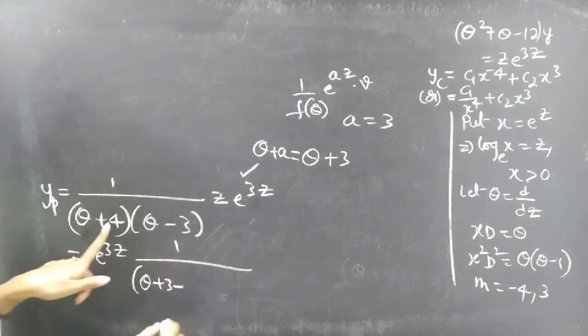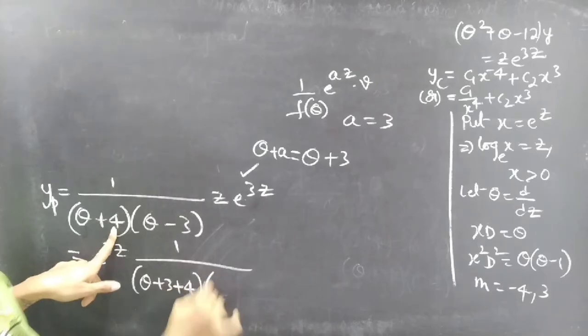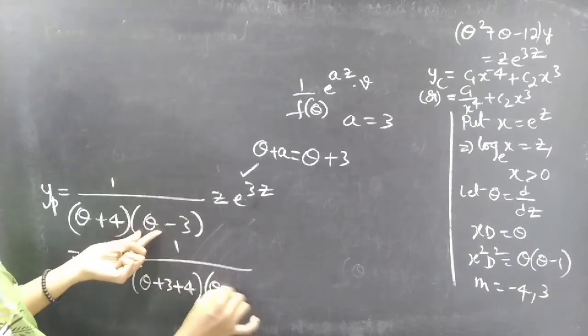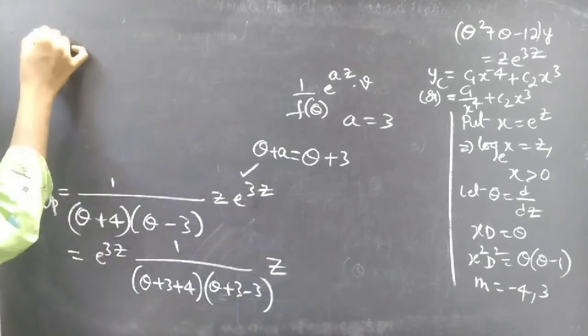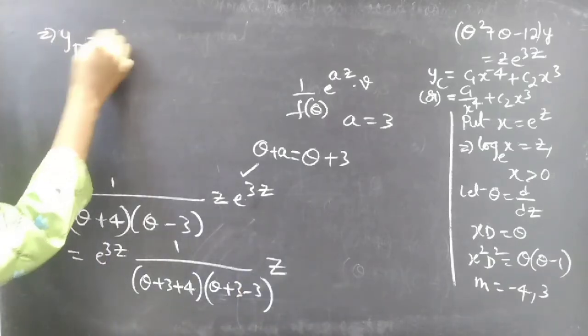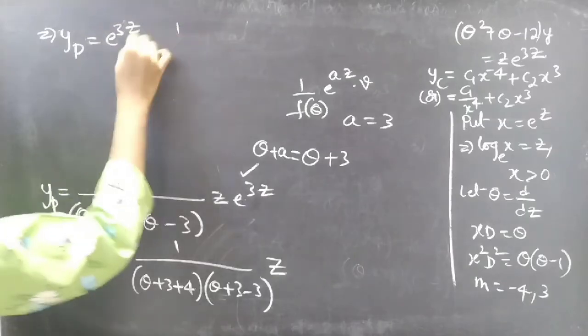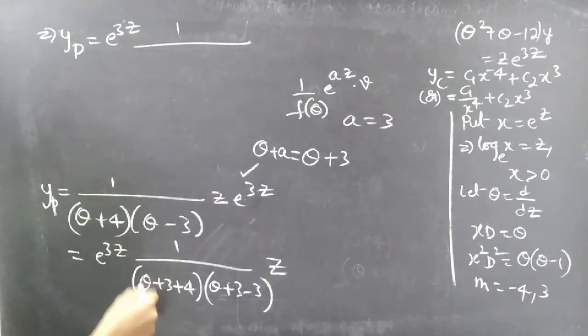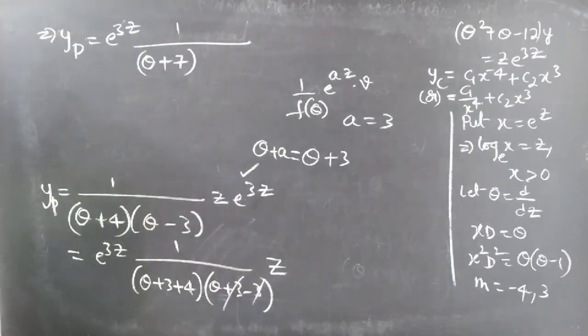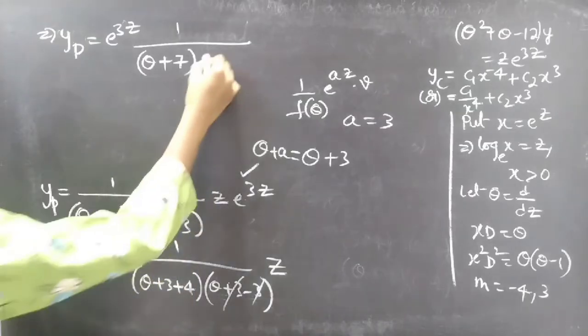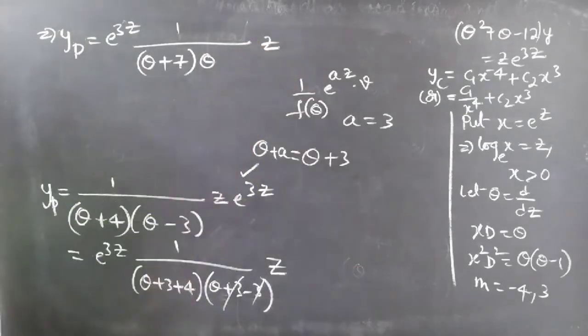We'll get theta plus 3 plus 4 into, replace theta with theta plus 3, we'll get theta plus 3 minus 3 into z. Then yp becomes e power 3z into 1 by theta plus 3 plus 4 into 3 plus 3 minus 3 gets cancelled and you'll get theta into z.